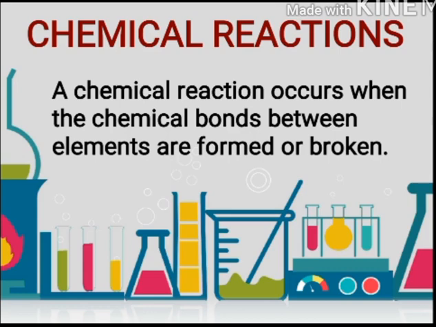In a few other cases you may notice a change in color of the substance or the odor is changed, and you may also notice a precipitate is formed. So these are the few indications which show a chemical reaction has occurred.